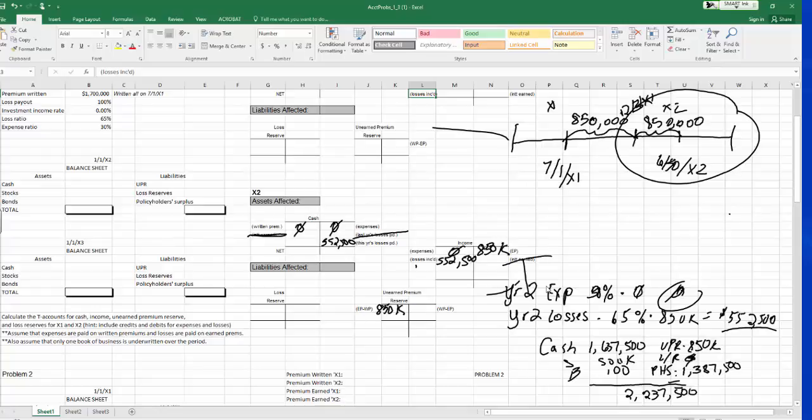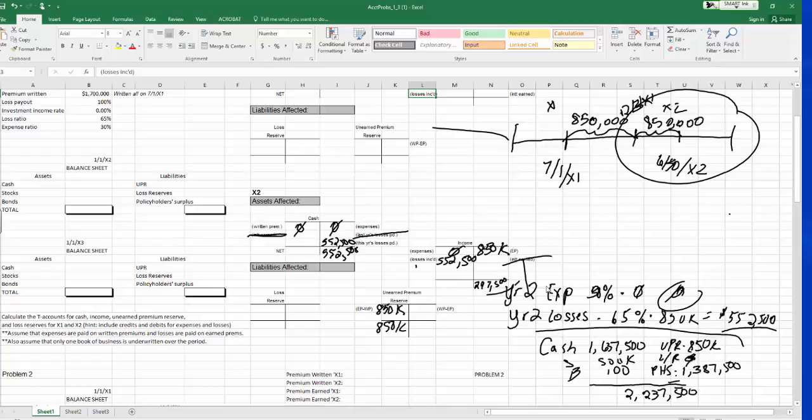And again, we ignore interest earned. We also don't have a loss reserve because we do a 100% loss payout. So let's do our totals. For cash, 552,500. For income, a positive 297,500. And for our unearned premium reserve, a negative 850,000.